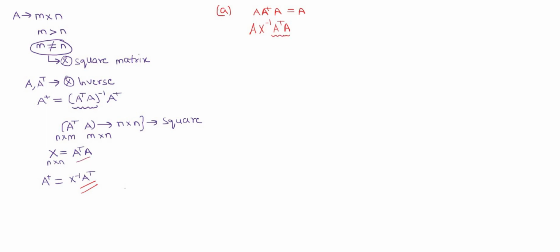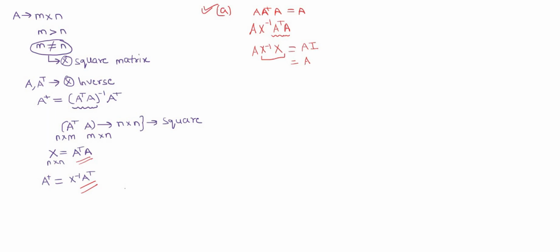A transpose into A is X, so we can write A X inverse into X. Now X inverse X will give me identity matrix I. Any matrix into identity matrix is nothing but the matrix itself, so it is equal to A. This statement is correct. Or this option is correct.